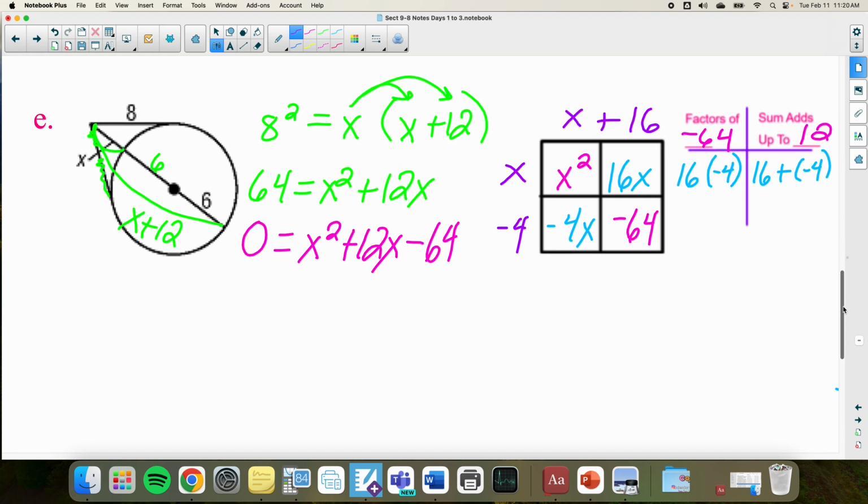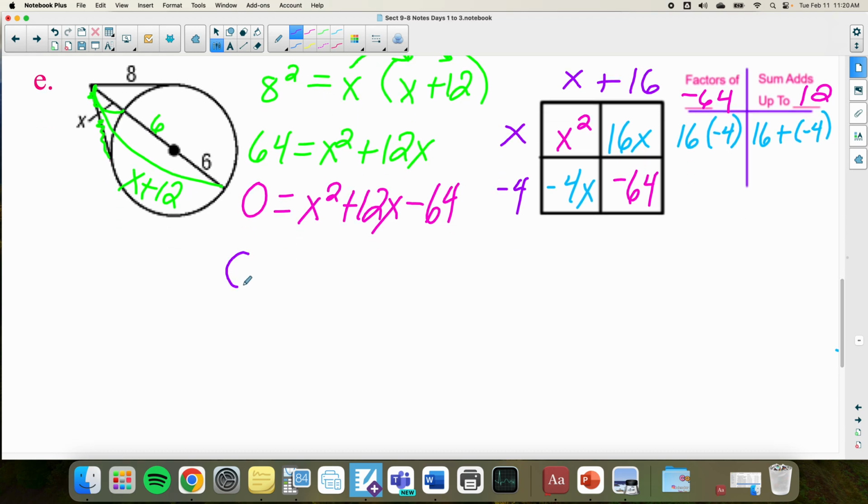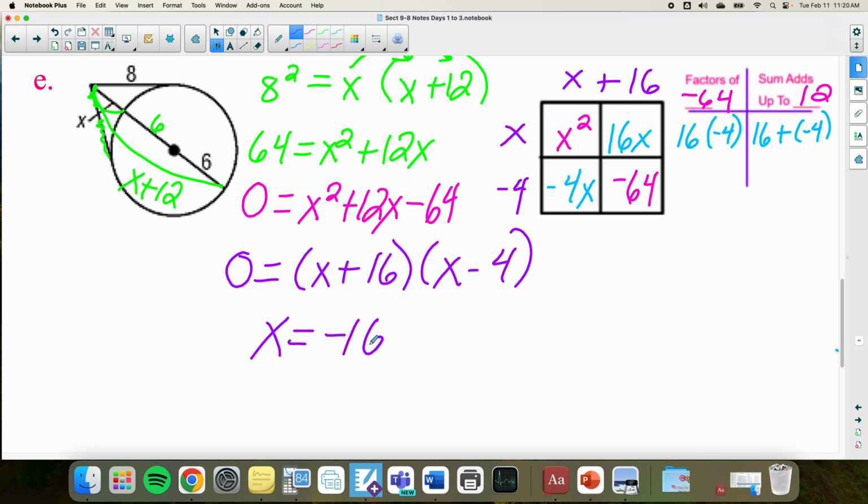Put your plus there. And we have x plus 16 times x minus 4. So x would equal a negative 16 and x would equal 4. Do they both work? Just 4, right?